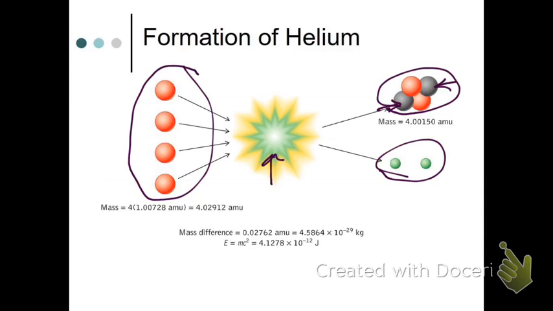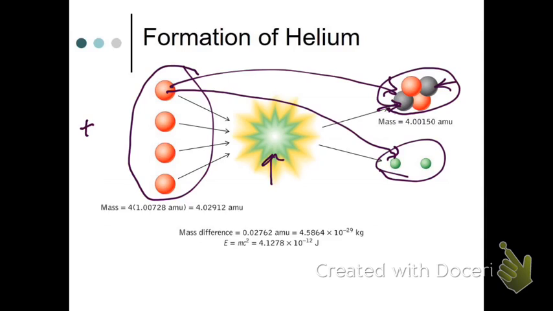We'll note, of course, that what this means is that protons have been converted to neutrons. So each proton is converted to a neutron and a positron. We'll notice that there's charge balance. On the left-hand side, we have a total charge of +4. And on the right-hand side, the helium nucleus is +2, and the 2 positrons are +2. So we have a total positive charge of +4.